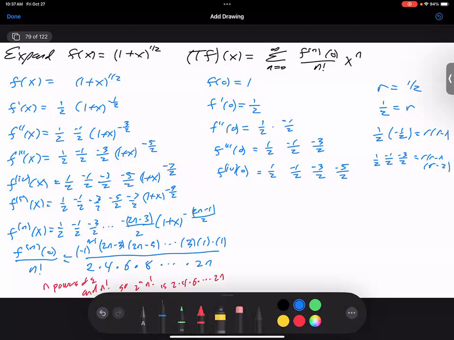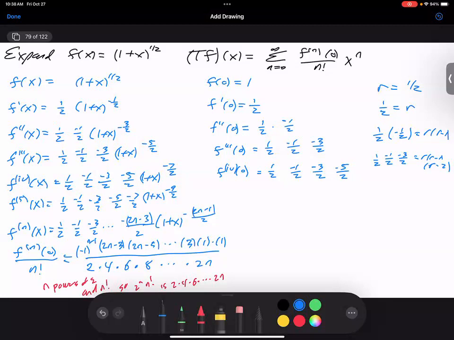What am I missing? Well, it's not n choose k, but it's something close to that.